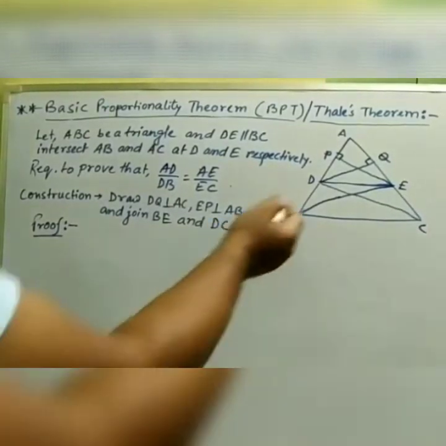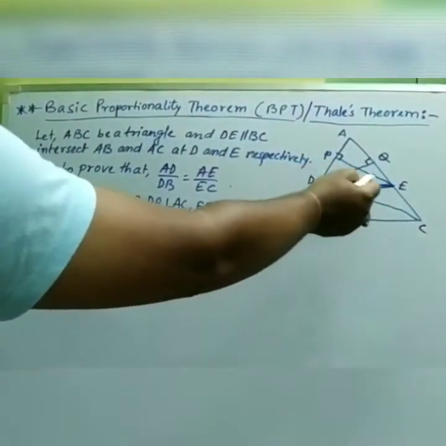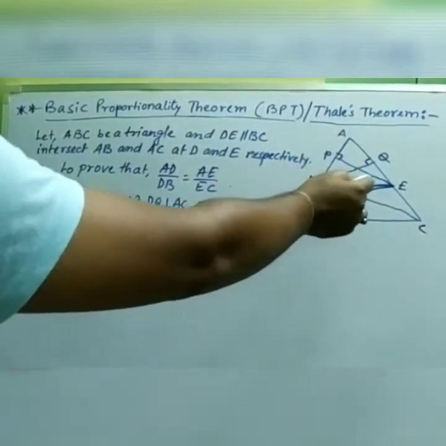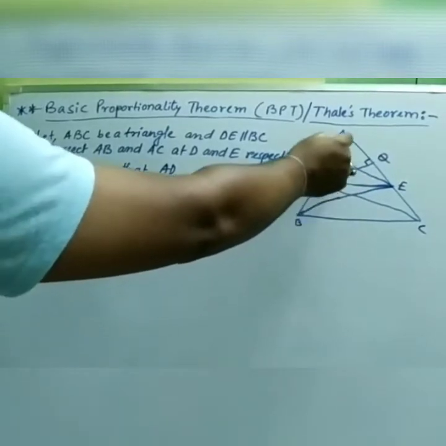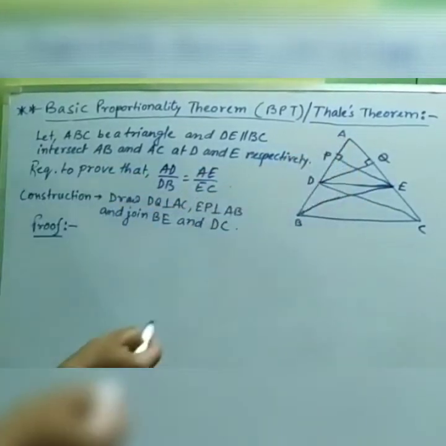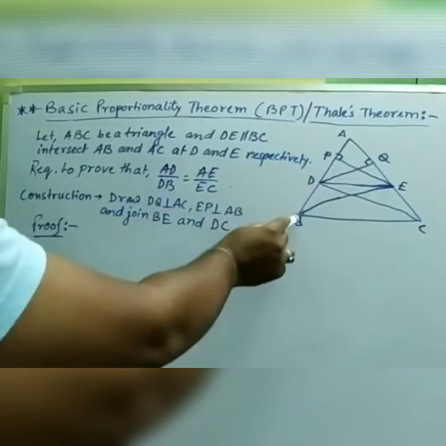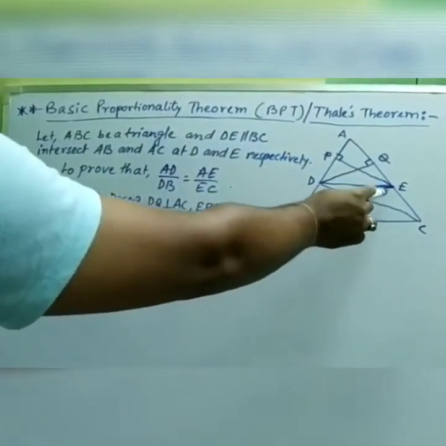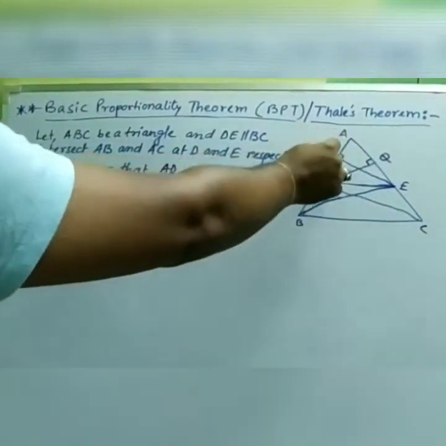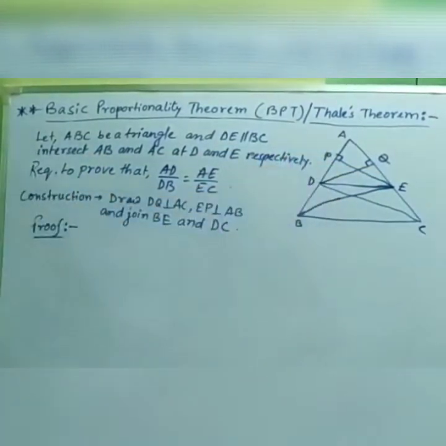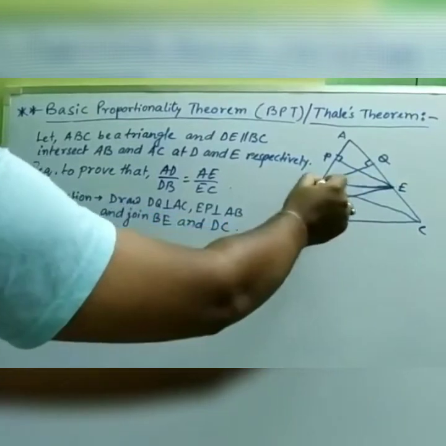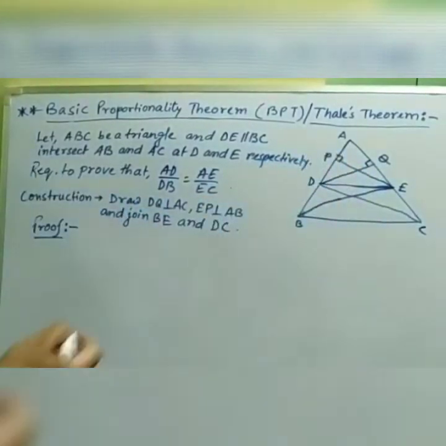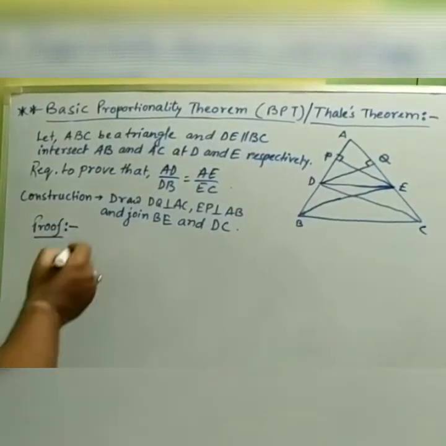You can see that EP is perpendicular on AB, so EP is the height of this triangle ADE as well as the triangle DBE. So the triangle ADE has the height EP, and the triangle DBE also has the height EP. So we'll find the area of these two triangles. Let us find it now.